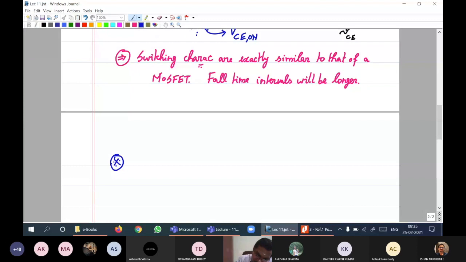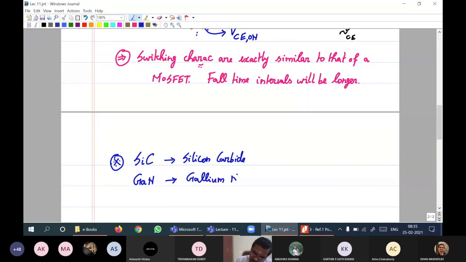So you have what are called silicon carbide, SiC, silicon carbide, this is one, and then gallium nitride, GaN. People call this GaN, gallium nitride.